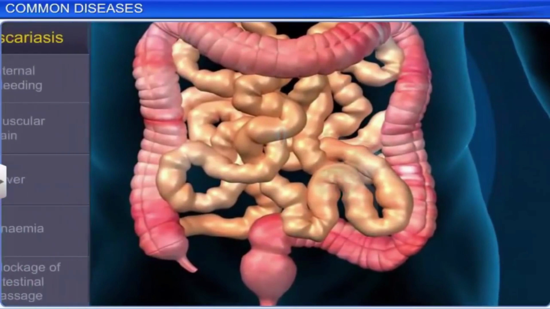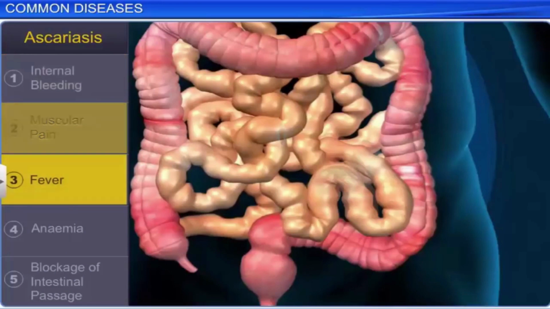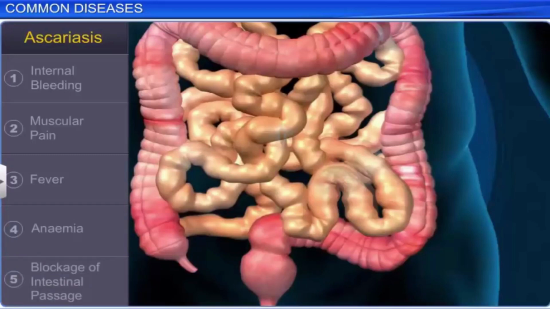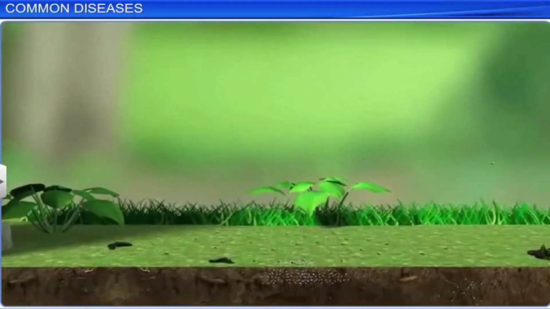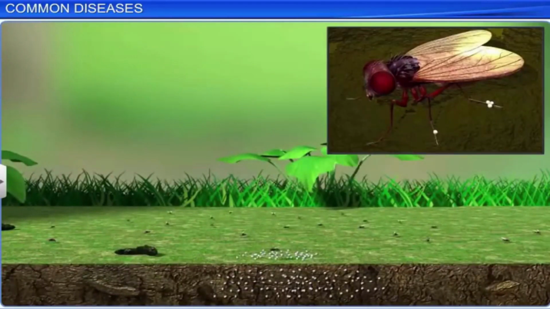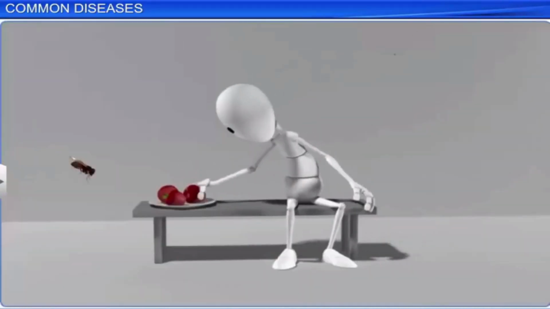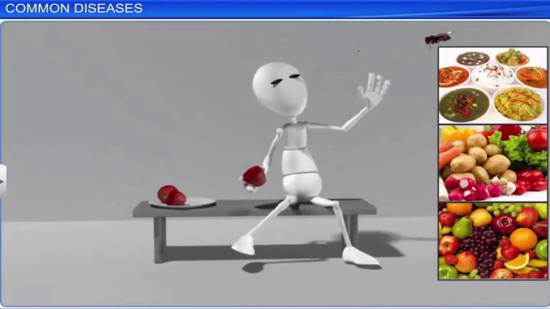It is characterized by internal bleeding, muscular pain, fever, anemia, and blockage of the intestinal passage. Since eggs of the parasite are also excreted along with the feces of human beings, soil, water, and plants are also infected. The infection spreads to a healthy person through contaminated food, vegetables, and fruits.